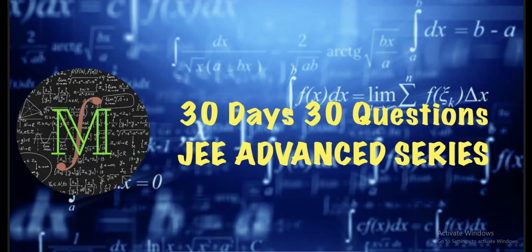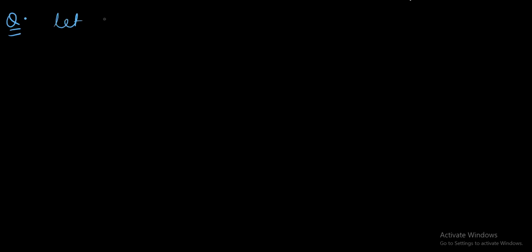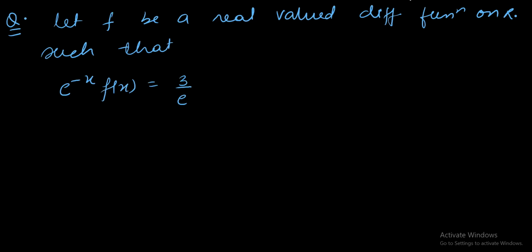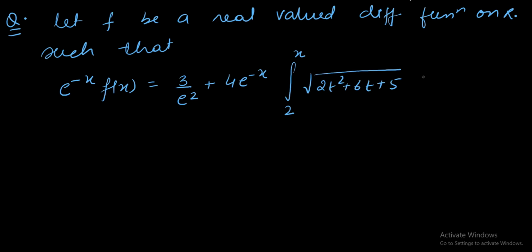Let f be a real valued differentiable function on R such that e power minus x into f of x is equals to 3 by e square plus 4 e power minus x integral 2 to x root over 2t square plus 6t plus 5 dt for all x in R. And let g of x be equals to f inverse x.